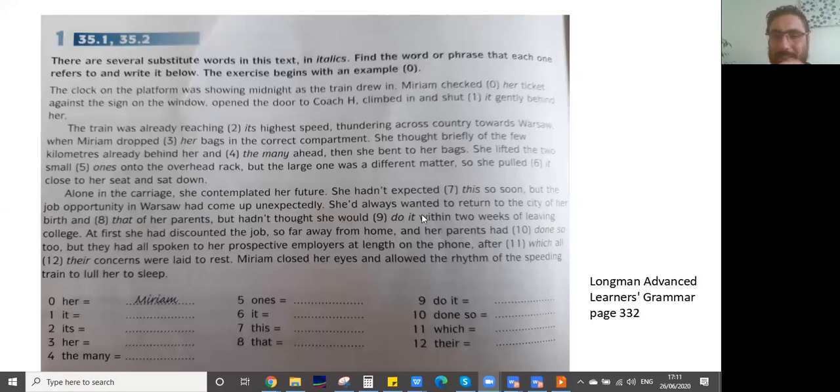She also wanted to return to the city of her birth and that, of her parents. So here we're talking about the city of birth of her parents. The city of her birth and that, the city of the birth of her parents. But hadn't thought she would do it. What's do it here?